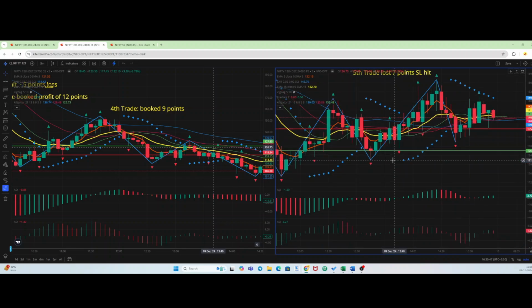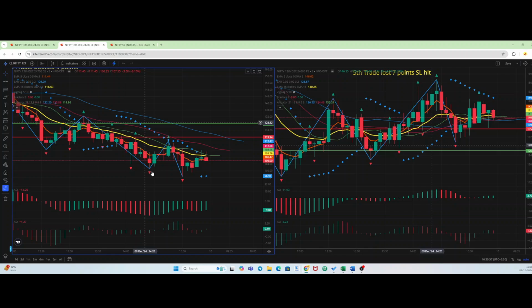Then afterwards, if you see here, nothing, no entry here, no entry in the further P side. If you see the C side, if we want to enter, here there is no trade. Here there is a trade.